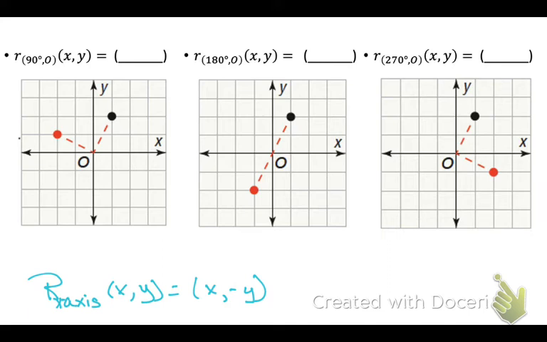So that's what we're going to do here. Okay? So we have a rotation of 90 degrees about the what? What's that O stand for? Origin, (0, 0), correct? Okay, of (x, y). So let's look at our rule. So the black one is our pre-image. The red one is our image. So what is the point of the black one? What's that point?